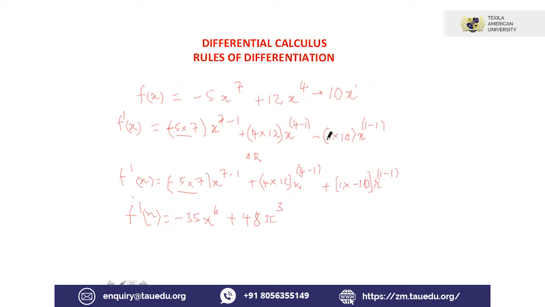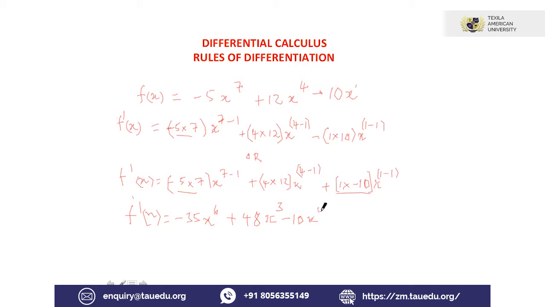Now, here you see, 1 times 10 is 10, times negative 1 is still negative 10. And then, if we come to the second part, we have 1 times negative 10 times positive 1, so it will give us negative 10 also. So it doesn't matter which method you use. But look at it, 1 minus 1 is 0.